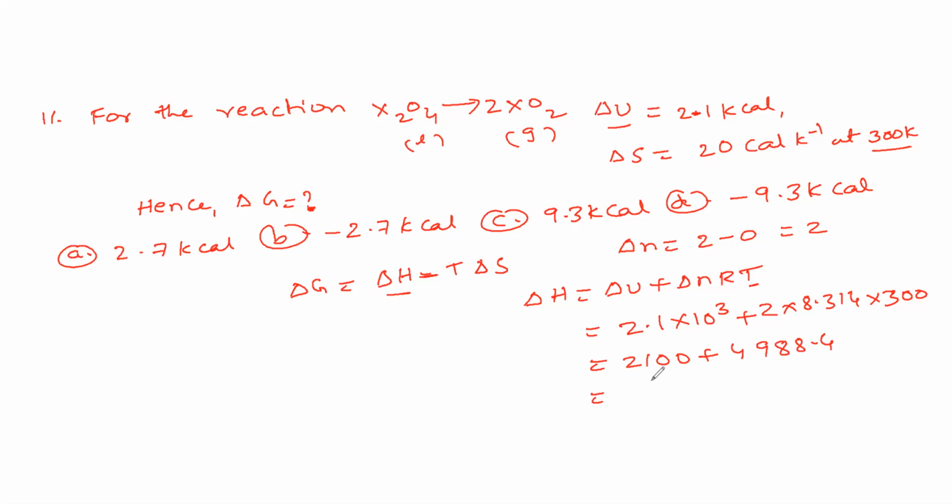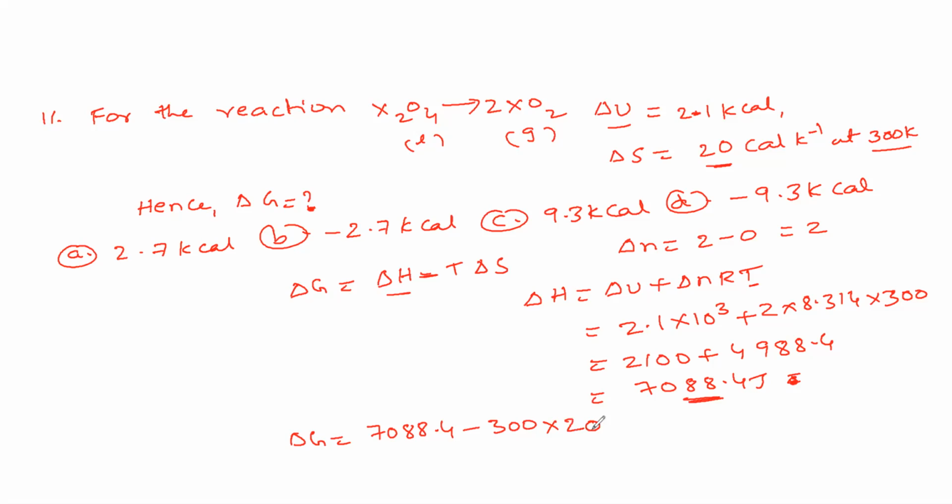7088.4 joules. Now delta G is equal to delta H, that is 7088.4, minus T delta S. T value is 300 into delta S, that is 20.